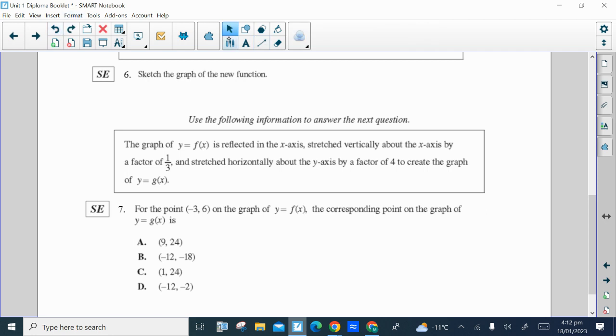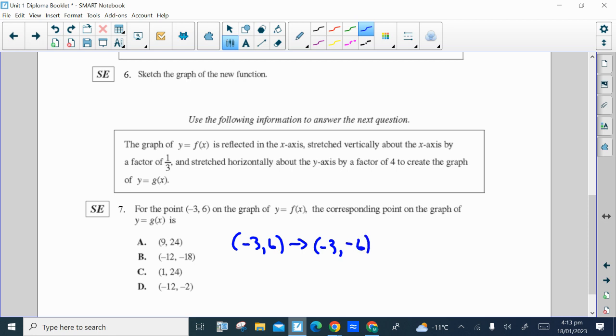So again, what makes this a standard of excellence question is just the number of transformations that are being done. If you reflect it about the x-axis, that means the positive 6 value of y will become a negative 6. If you vertically stretch it by a factor of a third, you're going to multiply the y value by a third.